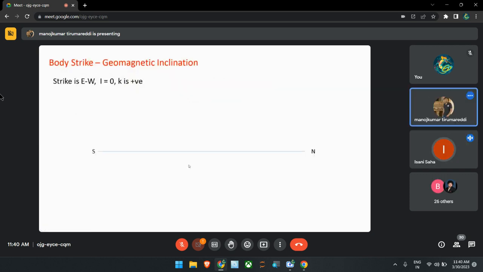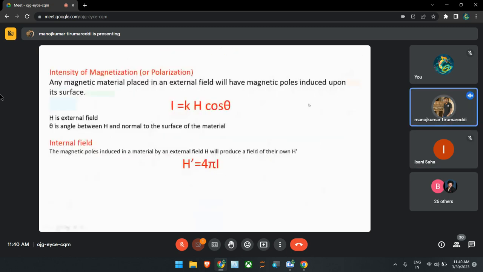Can you please explain the case where the body is north-south and no anomaly is found? If you see this equation, here theta is the angle between the normal to the body and the applied magnetic field. If theta is the angle between the body orientation and the applied magnetic field orientation, then you write sine theta.